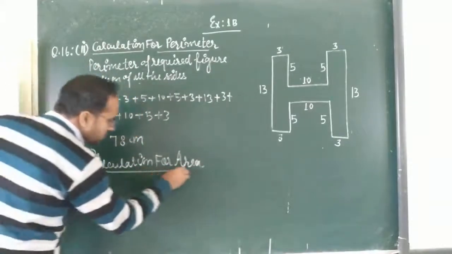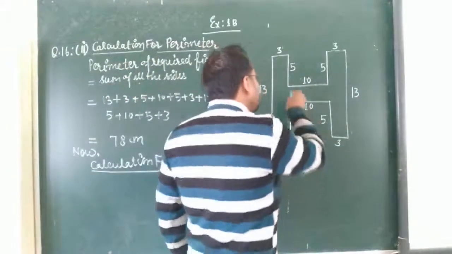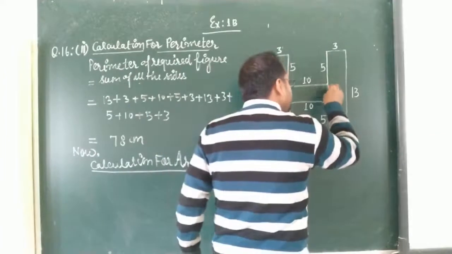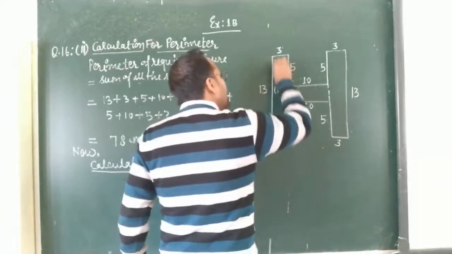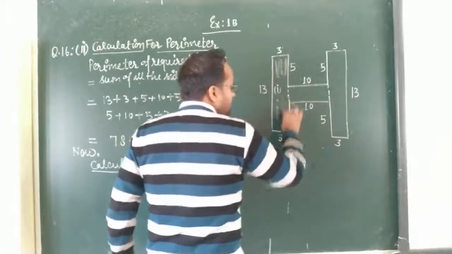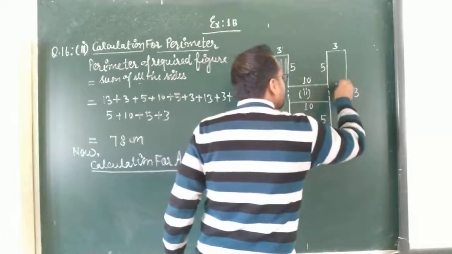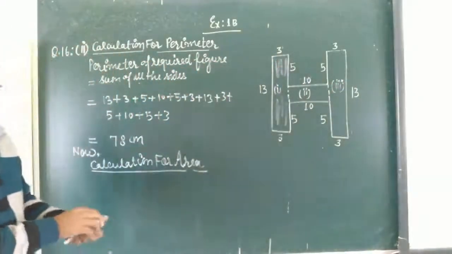So divide this figure into different parts. Join this point with the dot. This is your first part, this one is your second part, and this one is your third part. So we divided this figure into 3 parts.